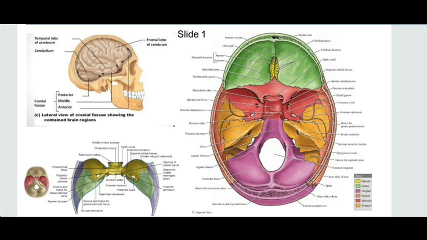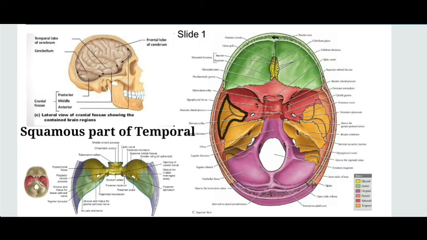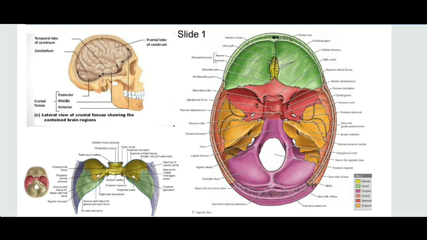Number 2, squamous part of temporal bones. And number 3, anterior surface of petrous temporal bone.